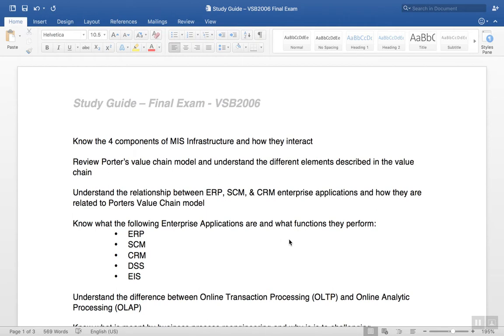We talked a bit about Porter. The thing you want to go back and take a look at is the value chain model, which is the model we see implemented through ERP implementations.